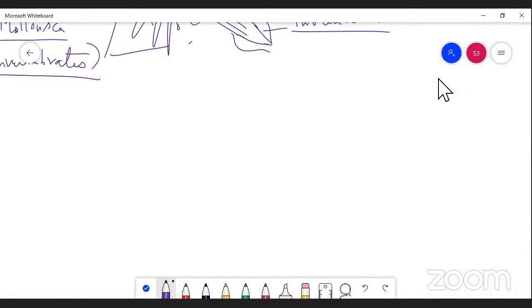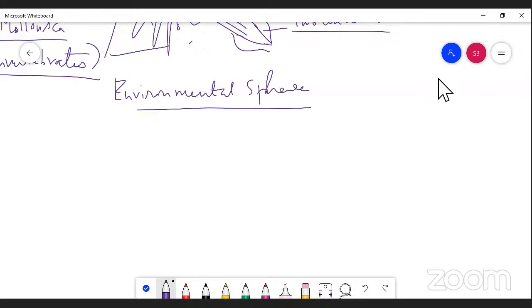The environmental spheres. What are the environmental spheres?